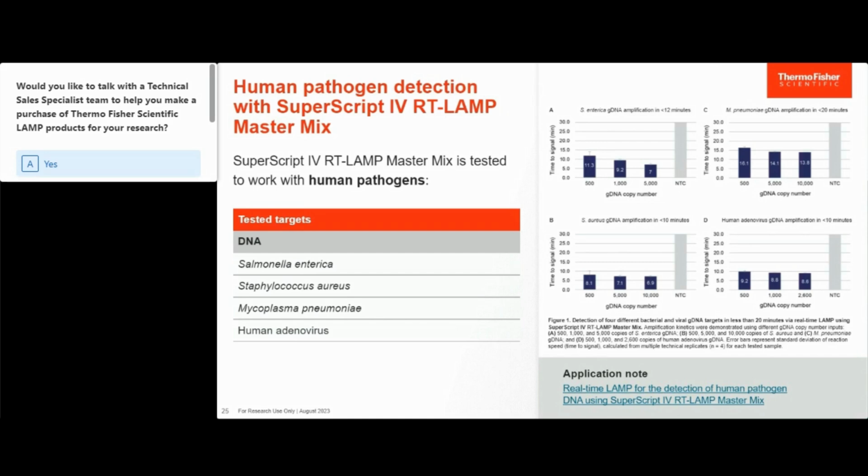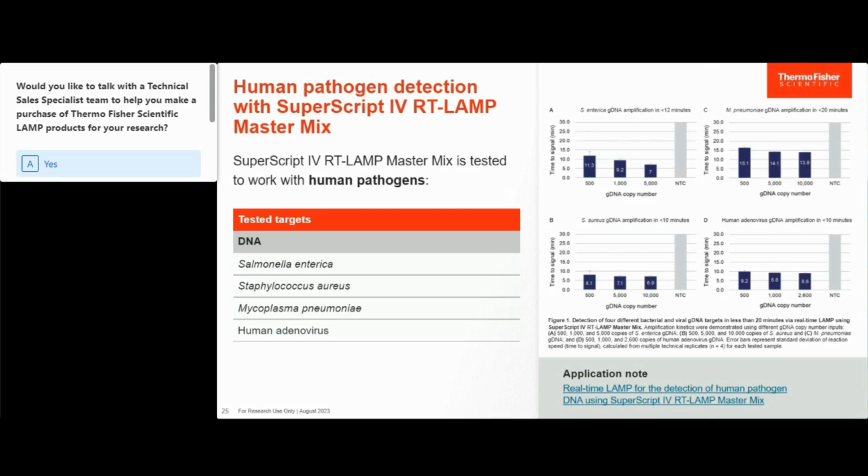The main conclusion is that real-time LAMP reactions incorporating SuperScript IV RT-LAMP master mix detected all 4 gDNA targets in less than 20 minutes. These results demonstrate that SuperScript IV RT-LAMP master mix can be used in the development of highly accurate, sensitive, and rapid LAMP assays for the detection of a broad range of pathogen DNA targets.